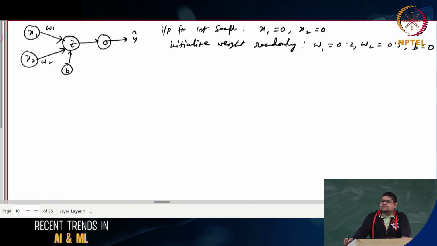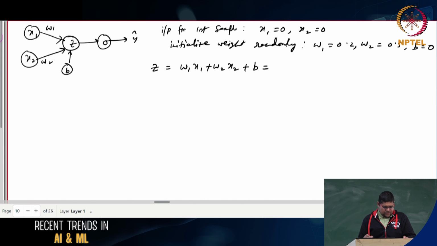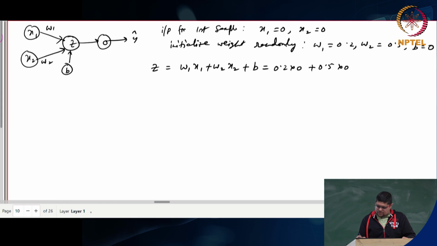So we have to do. What you will do? Calculate what? Z. Good. So Z will be W1 x1 plus W2 x2 plus B. What will be the value? 0.2 into 0 plus 0.5 into 0 plus B is our 0, altogether 0.